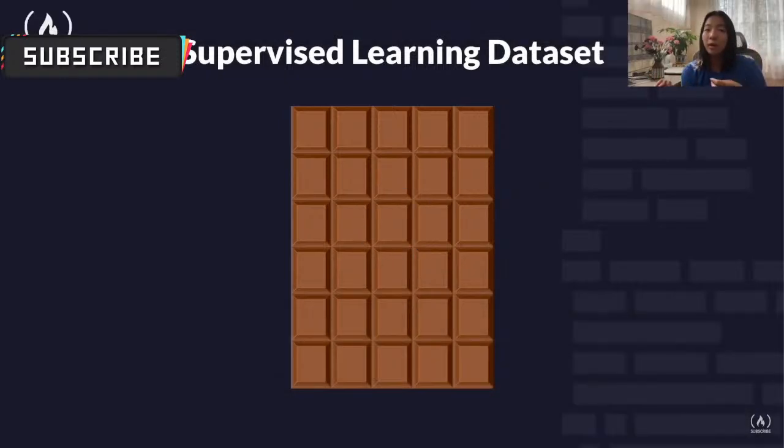Okay, it might do well after our model has seen this data over and over and over again. But what about new data? Can our model handle new data?